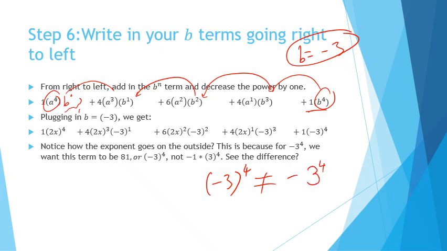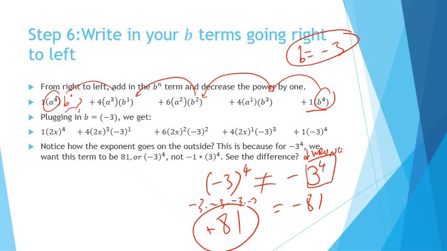And this is what people will put in their calculator, which is wrong, because this is equal to -81, where you do this first and then just add a negative sign to it. But what we want to do is this, which gets you positive 81. And that's what we're looking for here. So make sure you just have parentheses around each a and each b, and then raise it to a power.